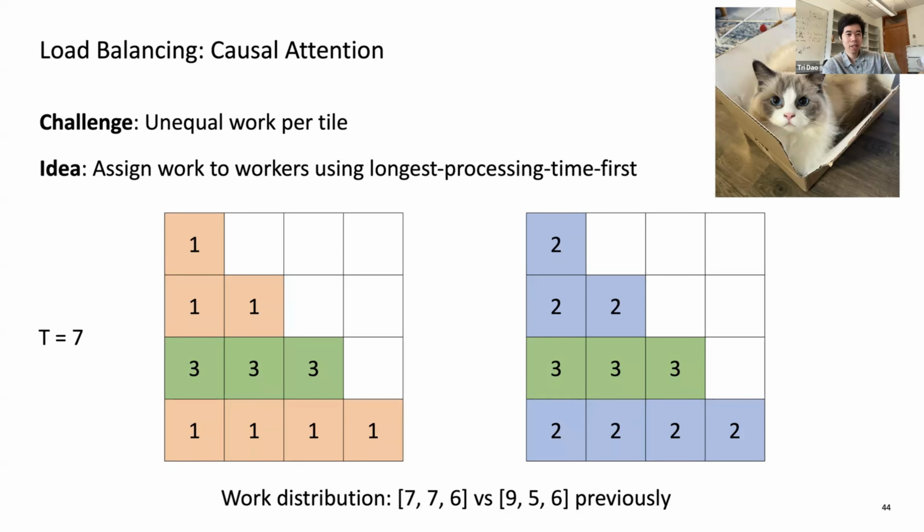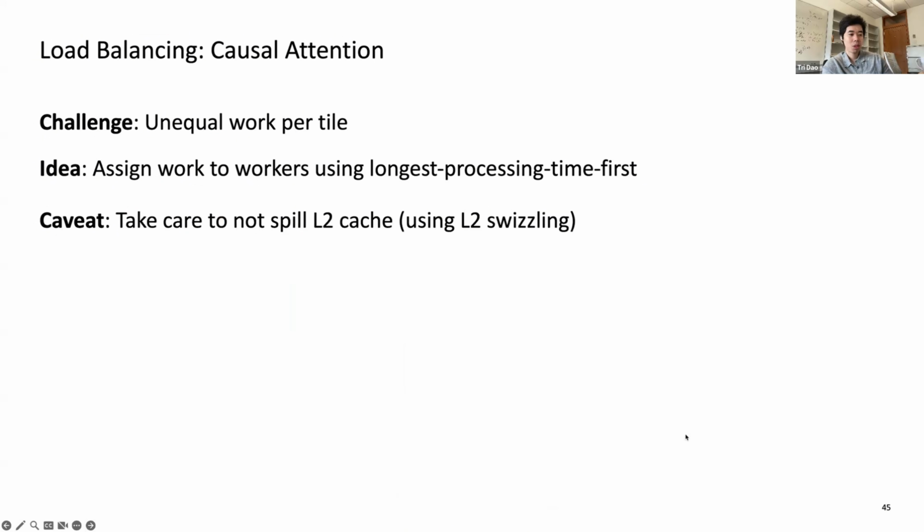The only caveat is that because we schedule the long tiles first, you have to take care not to spill the L2 cache. Otherwise, if you schedule too many long tiles, they all need to be loaded into L2, and they could overflow the L2. So you just have to take into account that L2 has some limited size.